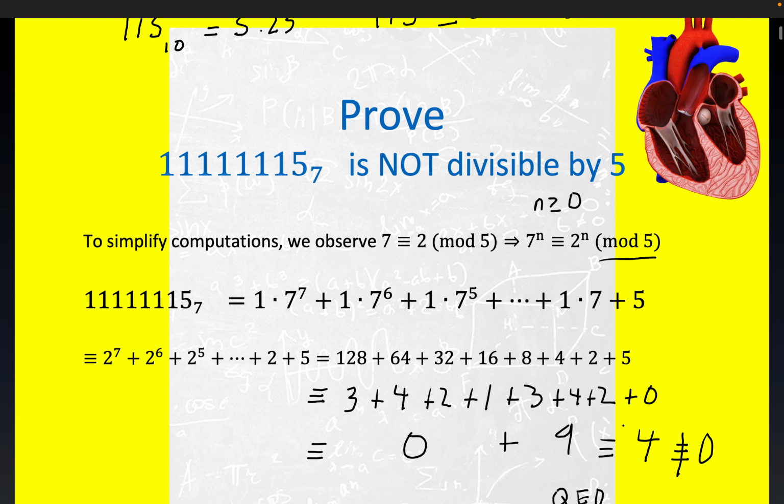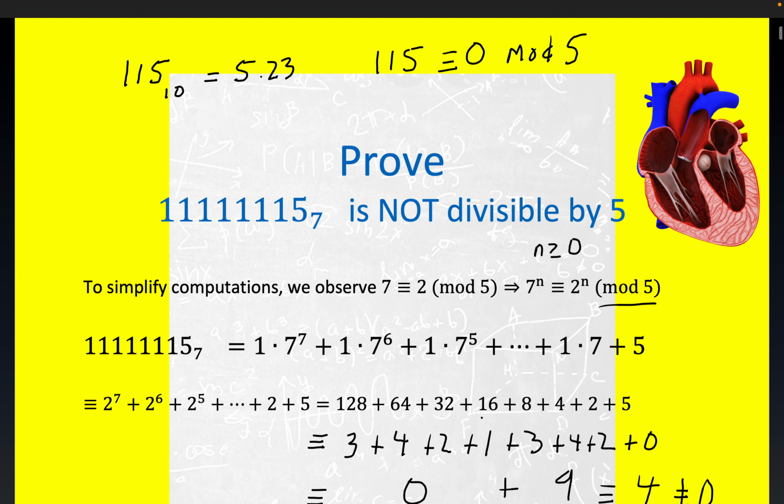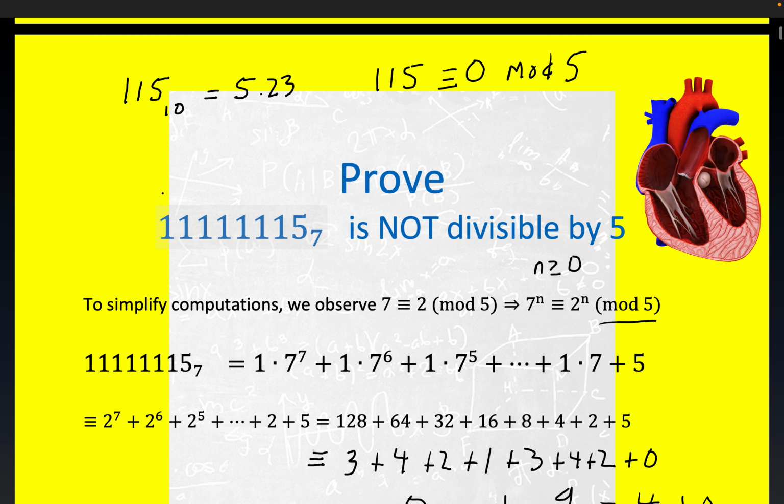And again, I think it's kind of neat because you're so used to seeing a last digit of 5 and thinking, oh, it's divisible by 5. But it does depend on the base that we use. Think about how big this would have been. This would have been the 7th position, 7 raised to the 7 right here.